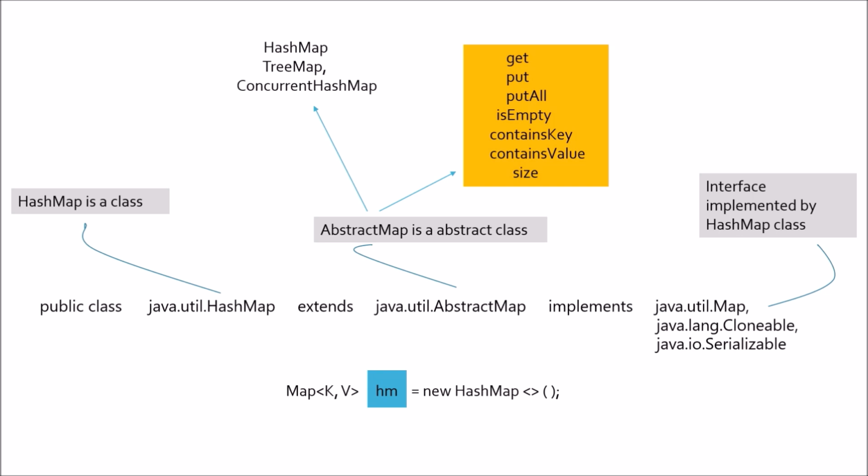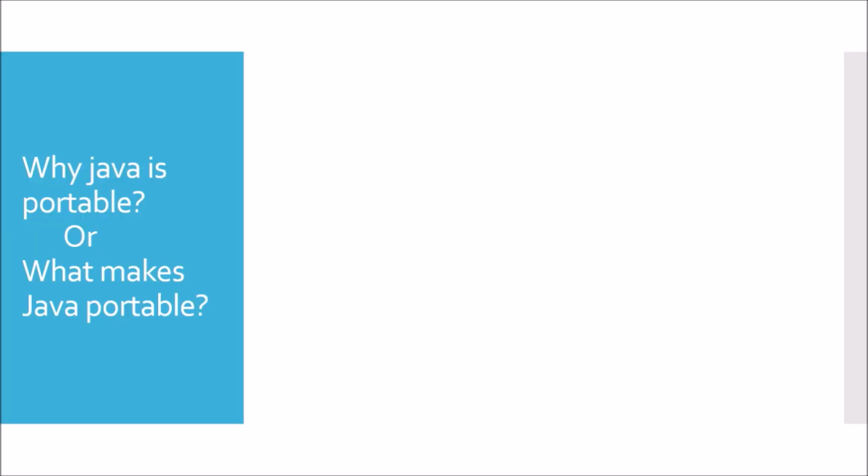Moving to next question. Why is Java portable, or what makes Java portable? In Java, we have bytecode that makes Java portable. To understand this, think of it like we have an OS in your system and you have a JVM that is OS dependent.